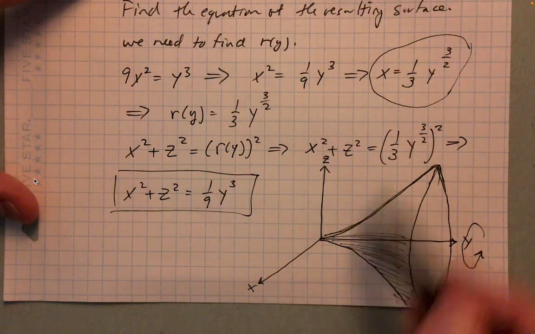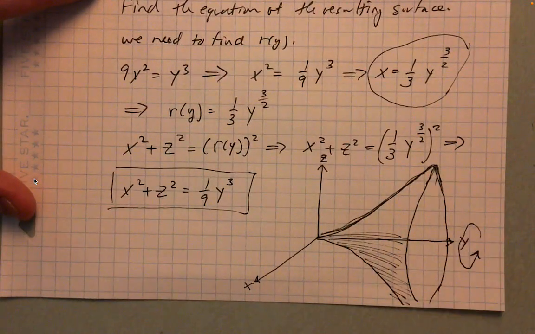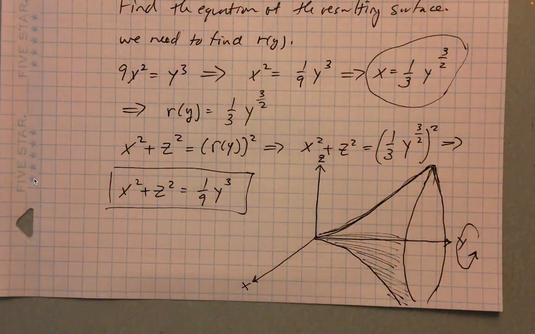It would look the same when you rotate it anyway. So you sketch this curve, and then you imagine what it looks like when you rotate it around the y-axis. It does matter which axis you rotate it around, obviously. The shape will be totally different if you rotate it around the x-axis or around the z-axis. So it does make a big difference.